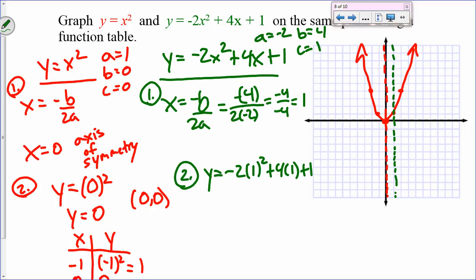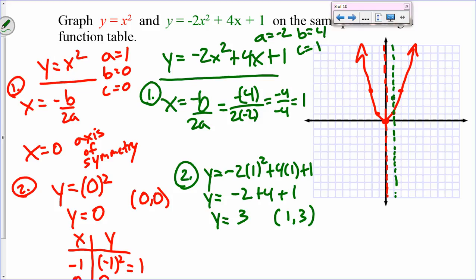So this is -2 plus 4 plus 1. Y equals -2 plus 4, that's 2, plus 1, 3. So according to this, I should have an ordered pair (1, 3). That's my vertex.